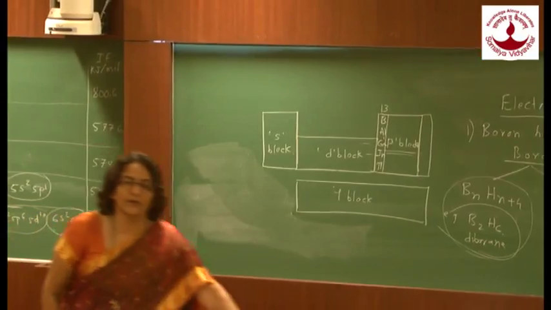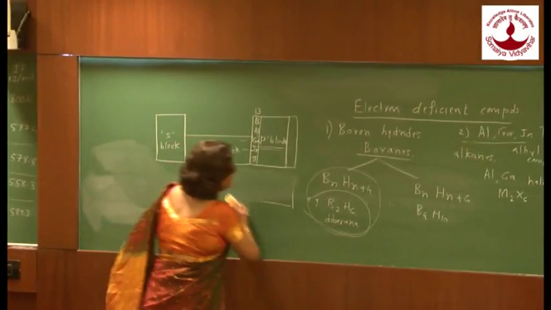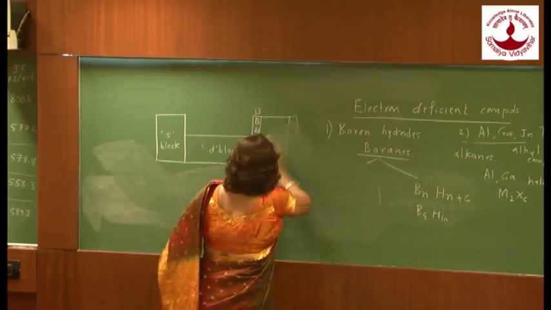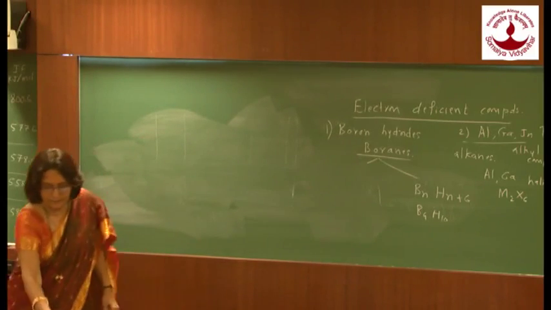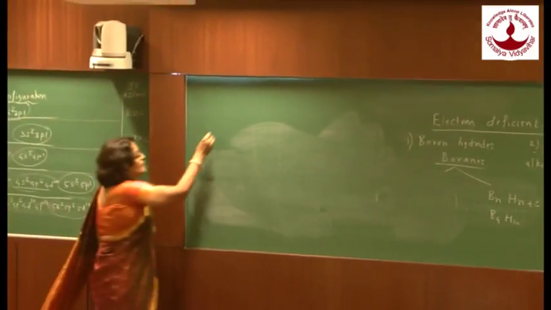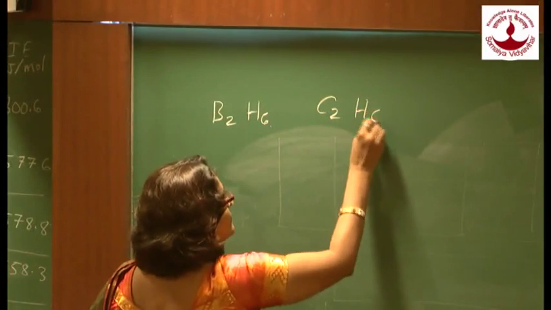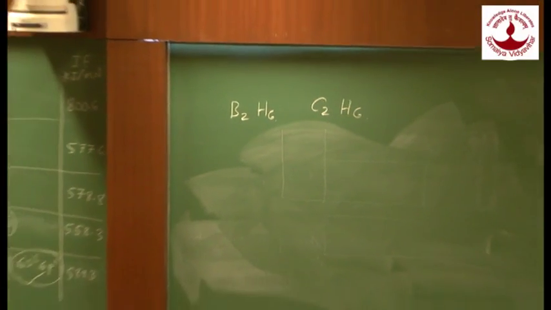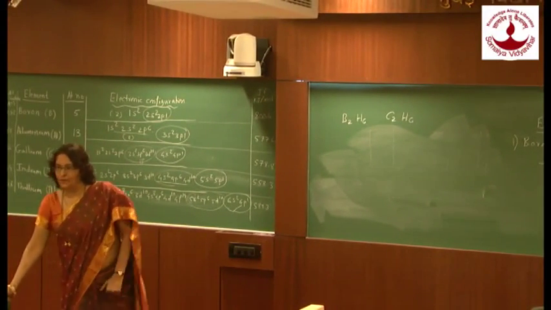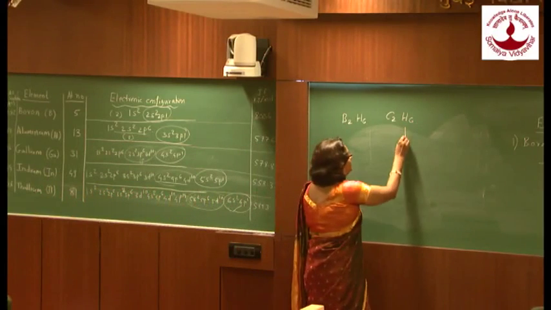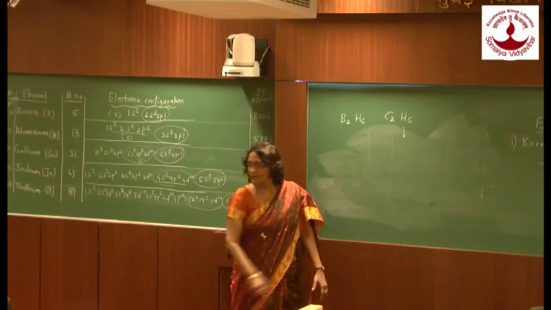So with the help of the diborane molecule, let us see what an electron deficient compound is. Now B2H6 and C2H6, that is ethane, have similar formulas. Now when you consider this ethane, how many atoms are there in the molecule? There are 8 atoms in the molecule.